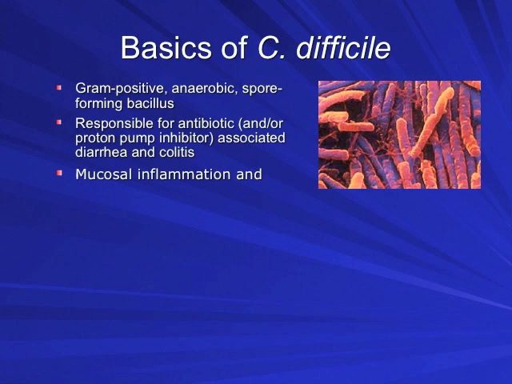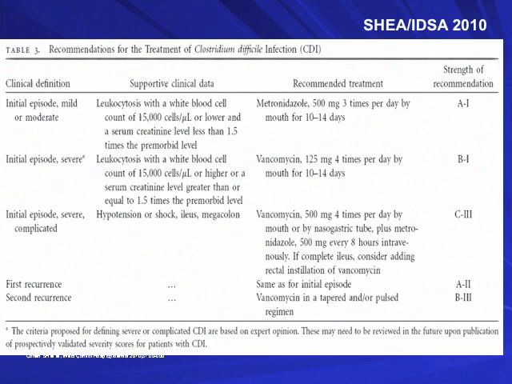Clostridium difficile is a problem throughout the healthcare system in both immunocompromised and immunocompetent patients, of course. This organism is the primary responsible organism for antibiotic and or proton pump inhibitor associated diarrhea and colitis, causing severe mucosal inflammation and severe diarrhea, and can of course be life-threatening.